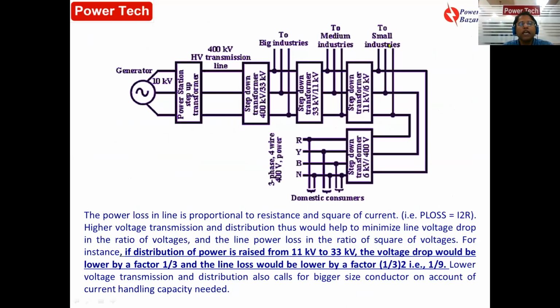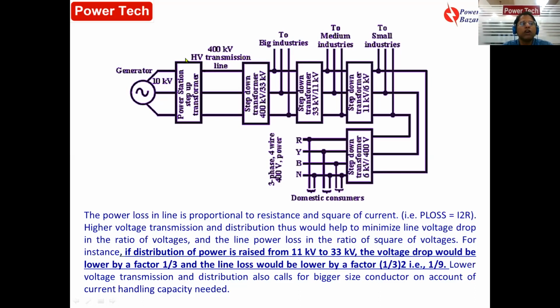Now this is a typical electrical power system layout or drawing, which mechanical and other stream engineers particularly need to understand. This is a generator which generates at 10 kV. Then you step up, which means you increase the voltage from 10 kV to 400 kV.